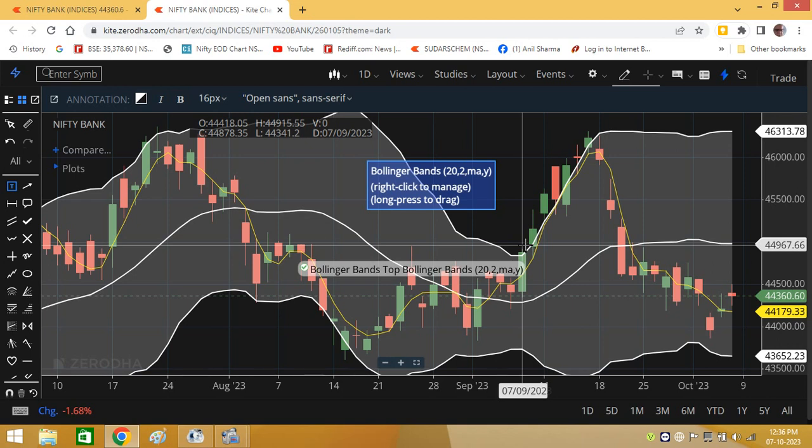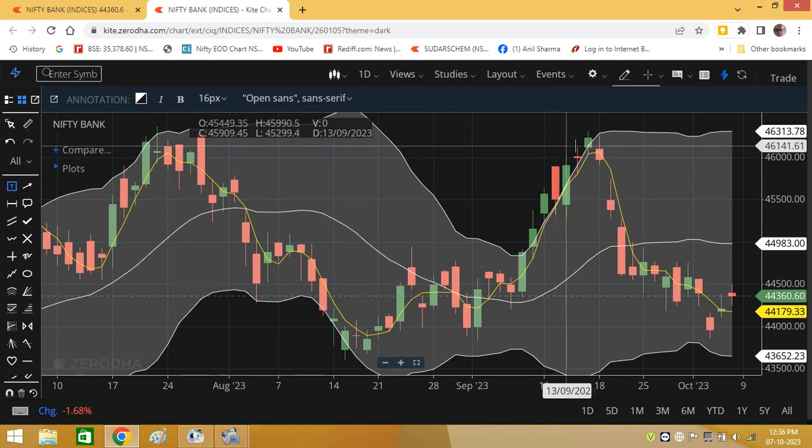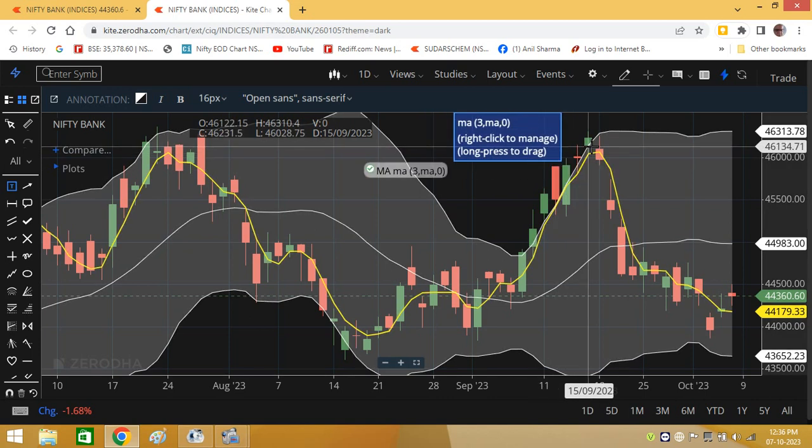That means now this is in the overbought zone at 44,960. It is going up, going up, going up, and when the price closes below this upper band, you have to sell it. It's a fantastic tool. There is no two opinion about this, right?